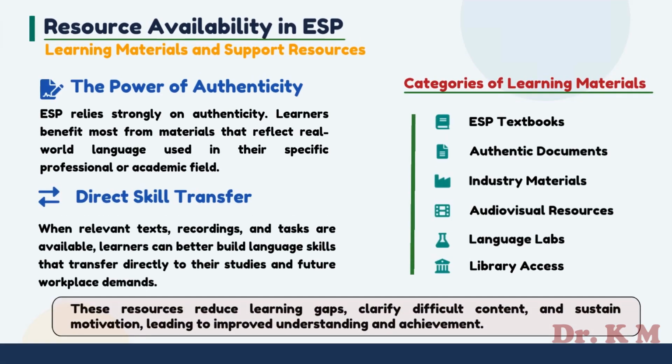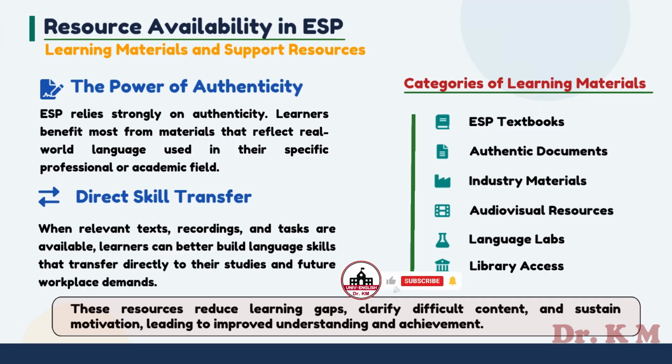Resource availability. ESP relies strongly on authenticity, so learners benefit most from materials that reflect real-world language used in their specific professional or academic field. When relevant texts, recordings and tasks are available, learners can better build language skills that transfer directly to their studies and future workplace demands.